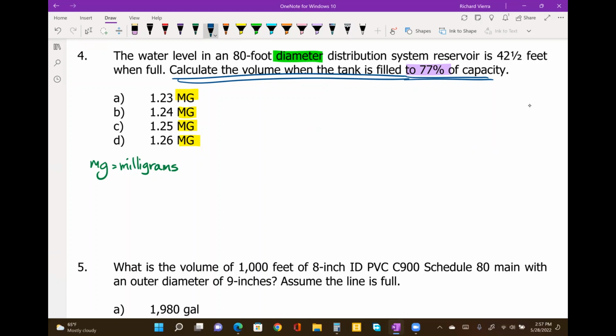Well, in order to calculate a volume in million gallons, we're going to do the same process that we've done the last couple of times. Calculate the volume in gallons first, and then we're going to move the decimal over 6 places. Mathematically, we divide that gallons number by 1 million.